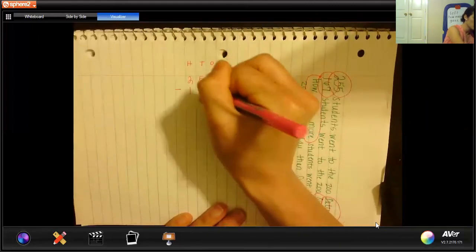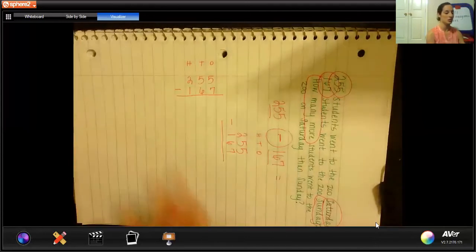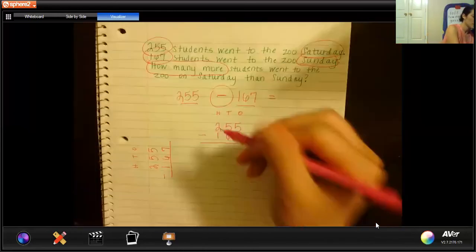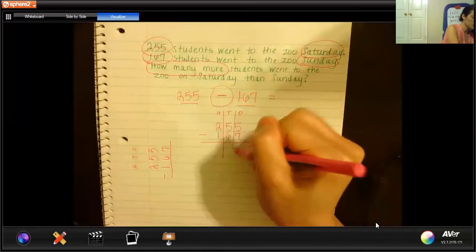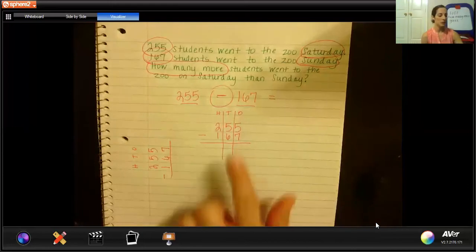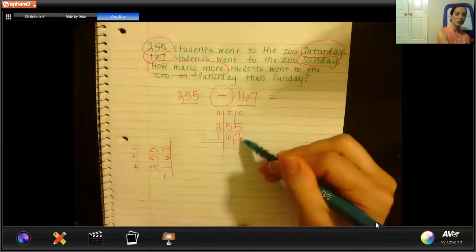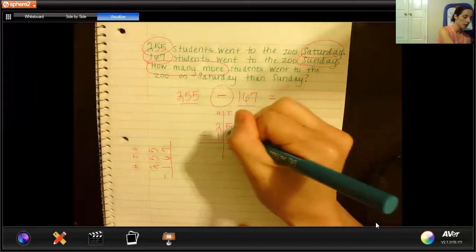Minus 100 can be in each place. Okay. And as always, we start at the ones. 5 minus 7. We know we can't do that. We have more on the floor. We need to go next door.